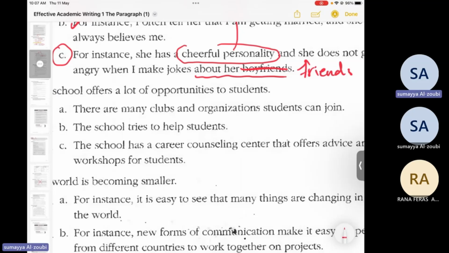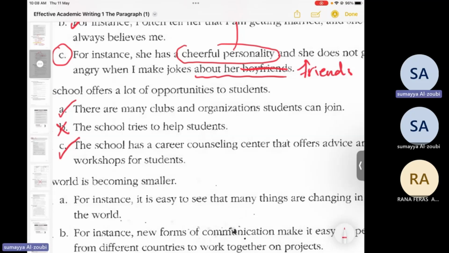Rama believes it is A and C only and B is not taken. Do you agree with Rama? Yes. Who doesn't agree with Rama? Rama believes you can take A and C, but B couldn't be taken as a good example for that topic sentence. Oh, wonderful. Can you tell us why you have decided that, Rama?